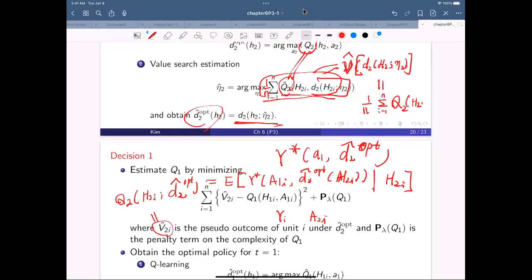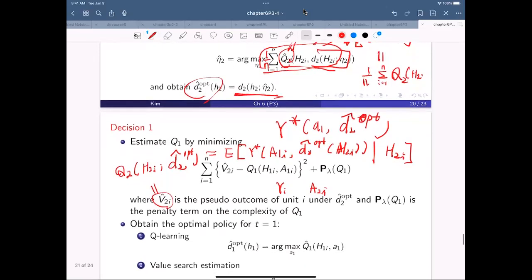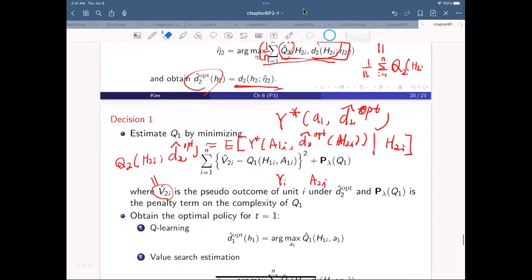That is what we covered when we studied Q-learning. It's like a regression imputation. If you view it this way, this is just a regression prediction under the optimal decision.